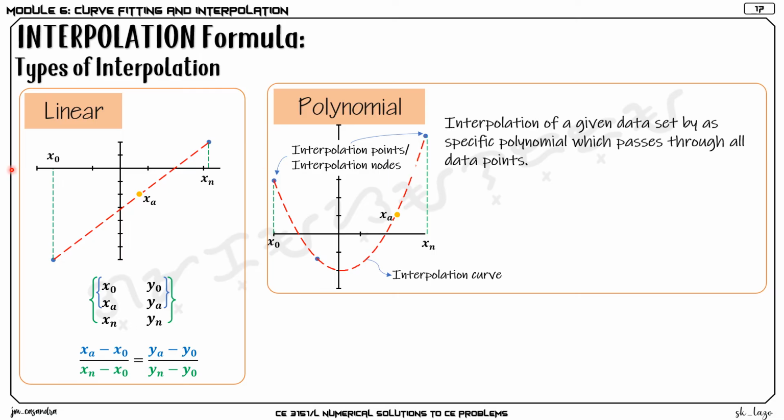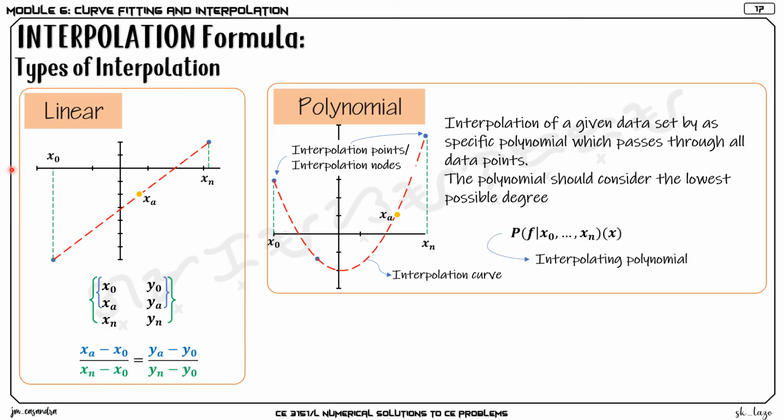The interpolation of the given data set would be given by a specific polynomial in which it would pass through all the data points of the curve.